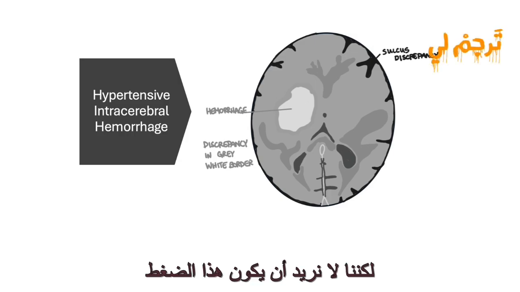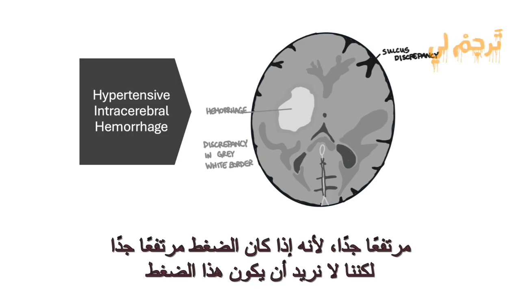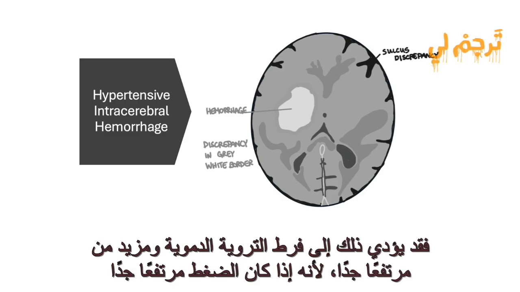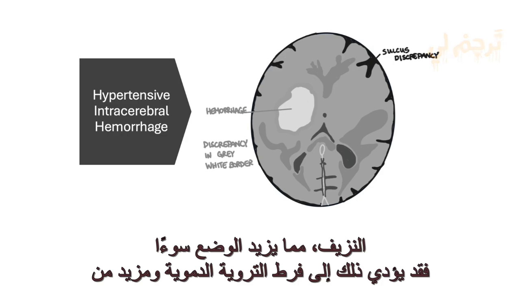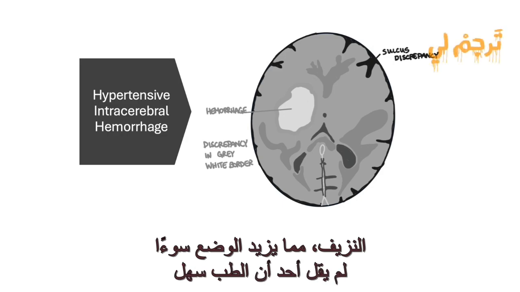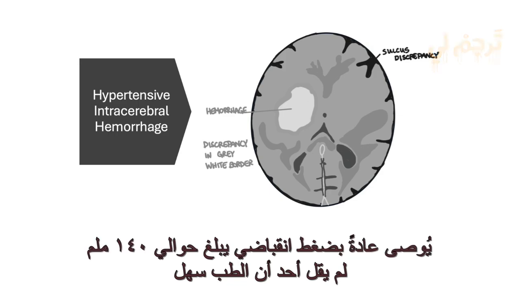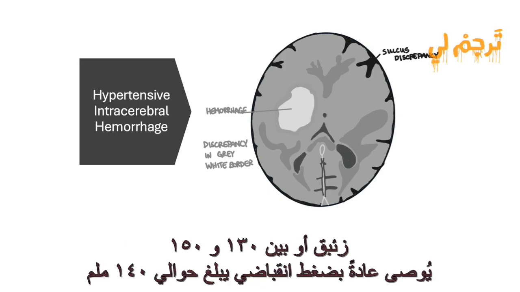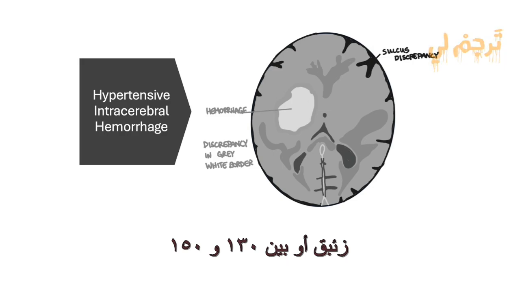But we don't want that pressure to be too high, because if the pressure is too high, it could result in hyperemia and further bleeding, making the situation worse. No one said medicine was easy. A goal of systolic pressure of about 140 millimeters mercury, or between 130 and 150, is typically what's recommended.